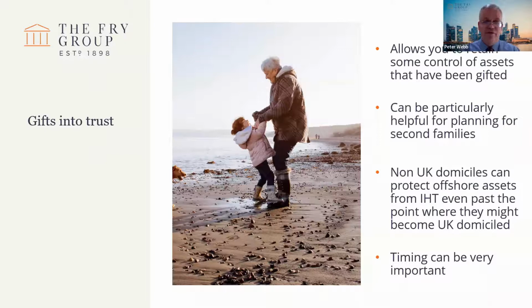However, if that non-UK domicile were to settle excluded property, so gift excluded property, into a trust before they become UK domiciled, those overseas assets would remain excluded from UK inheritance tax, even past the point where they themselves have become UK domiciled. There is significant advice to give around that. I've just given you the headlines on that.